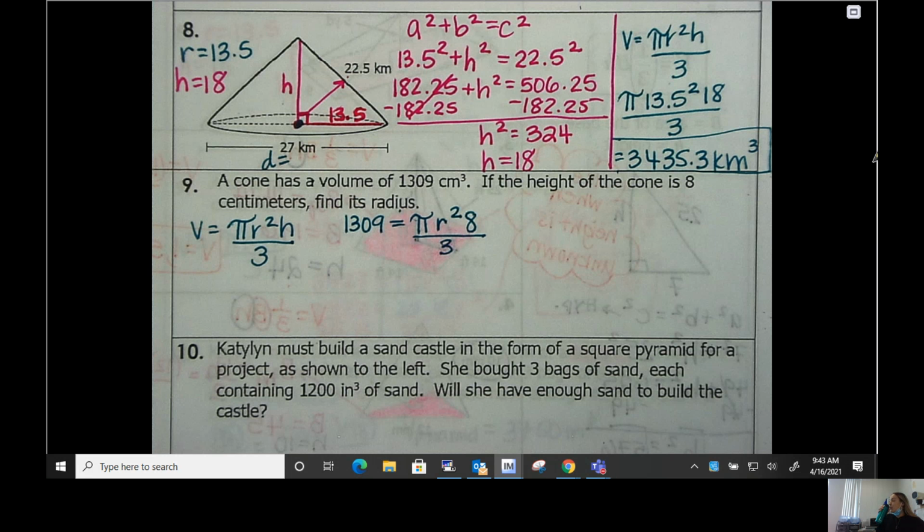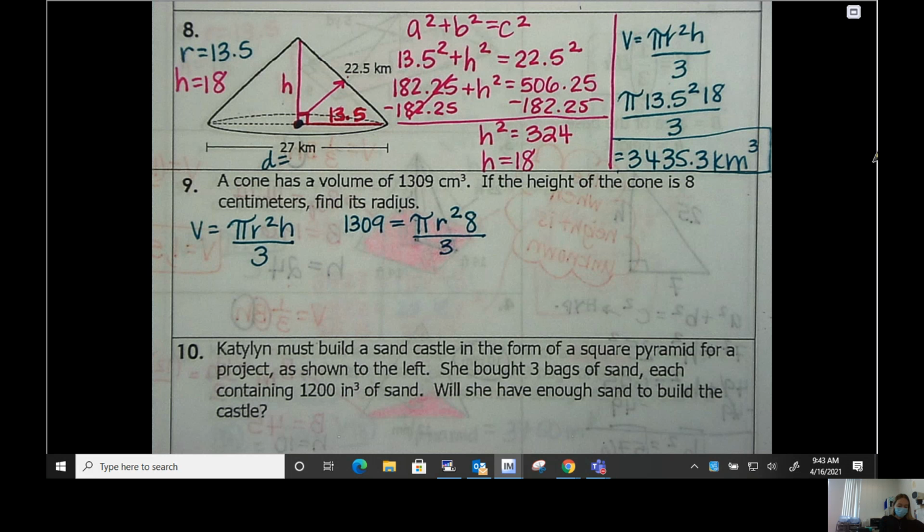Why would you do that? Cancel the 3 out. Good. This is divided by 3. So to get rid of divided by 3, I'm going to do the opposite, which is multiply by 3. Good. Let's do that. Multiply by 3, multiply by 3, because whatever I do to one side of the equation, I have to do to the other side.